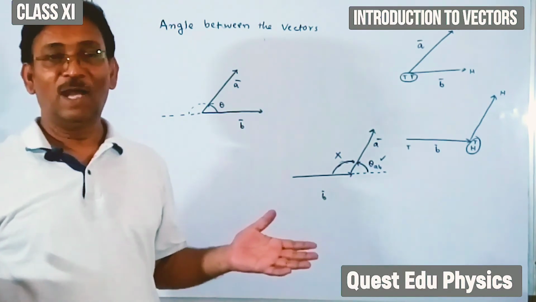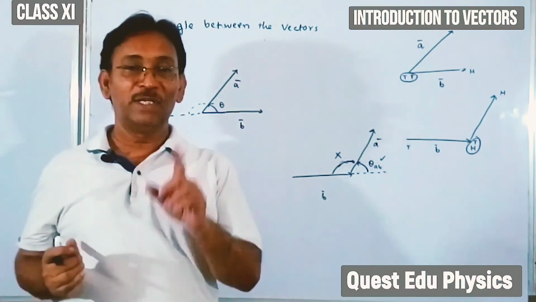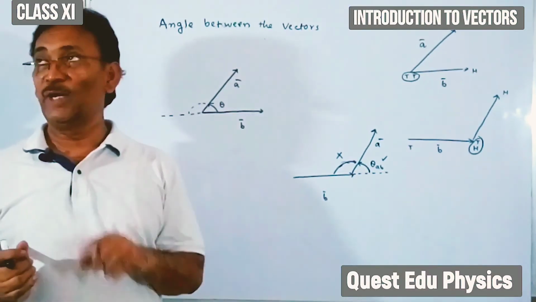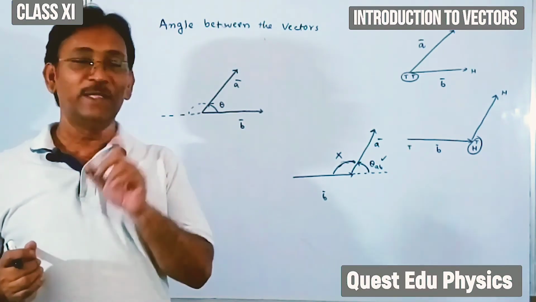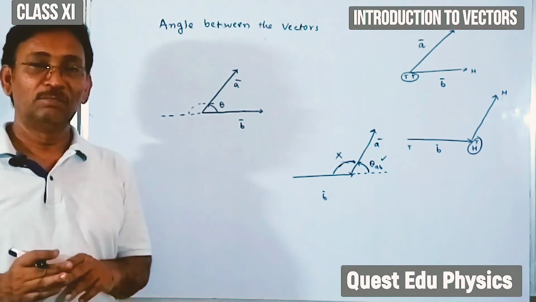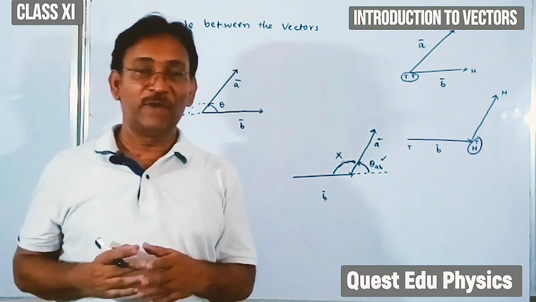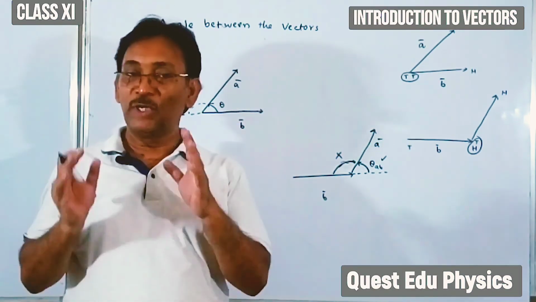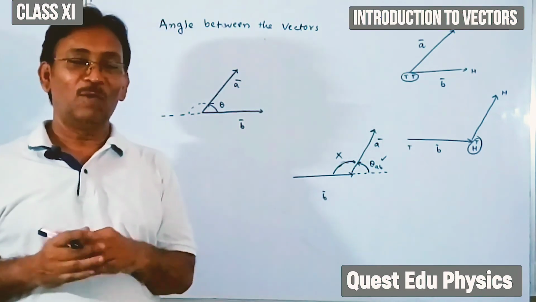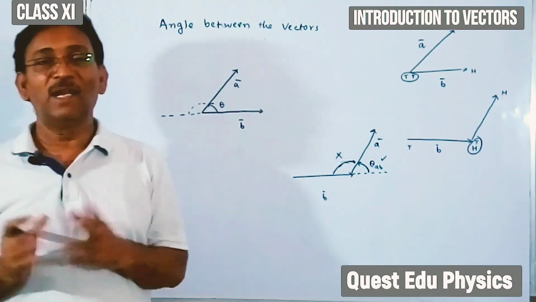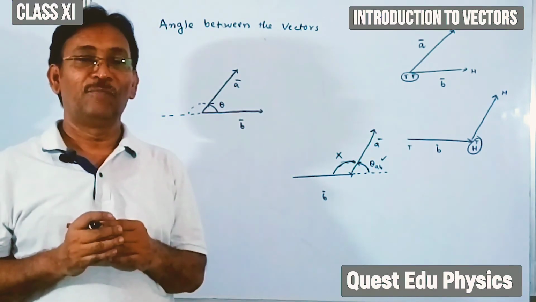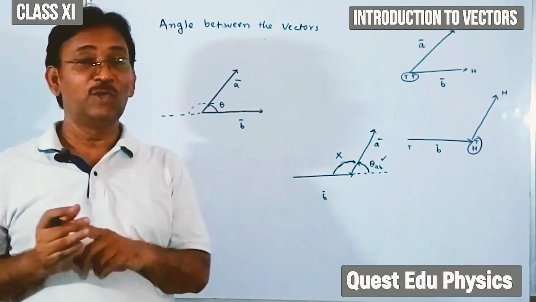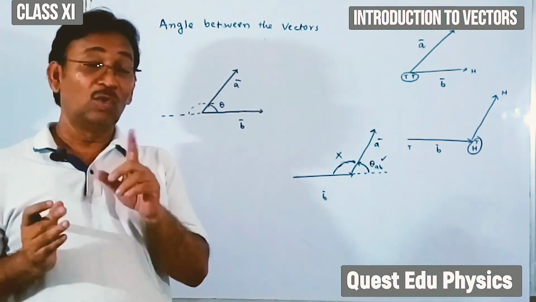What is a vector? I already told you. A physical quantity which has both magnitude and direction, and it has to obey the triangular law of vector addition or parallelogram law of vector addition. Additional to that, it has to follow the commutative property. And what is a scalar? A scalar is a physical quantity which has only magnitude without direction.